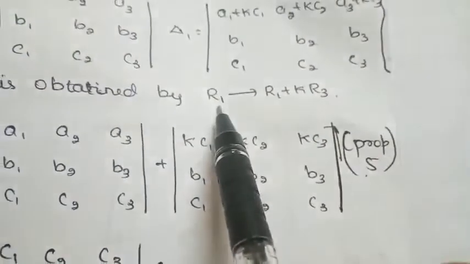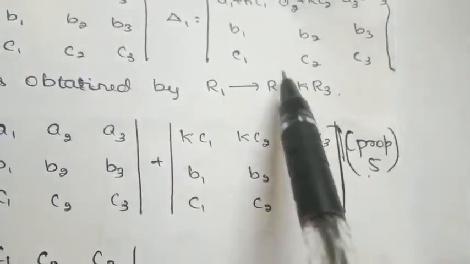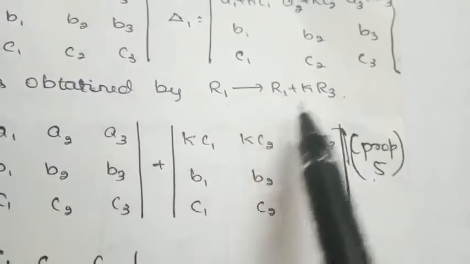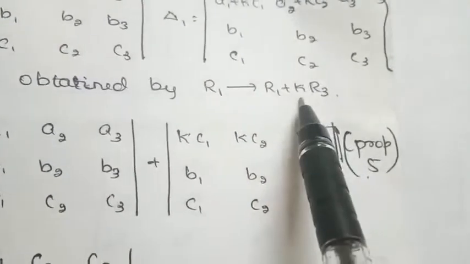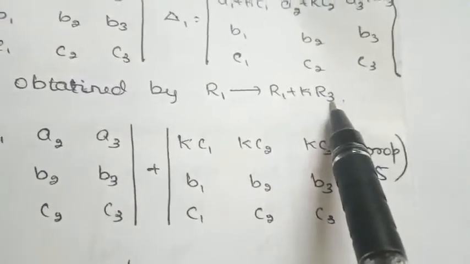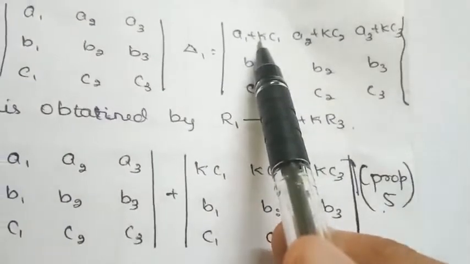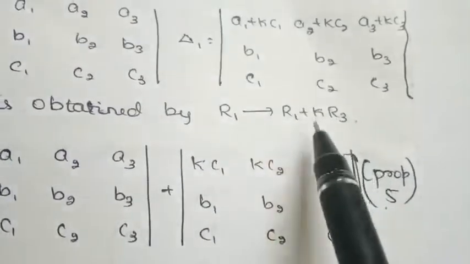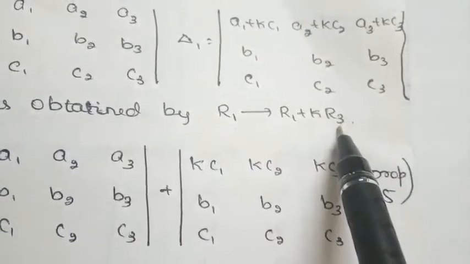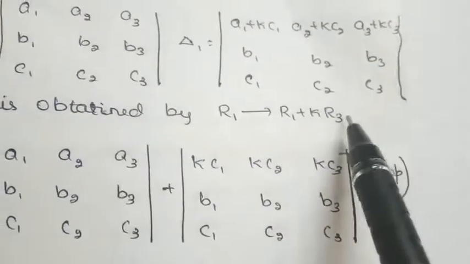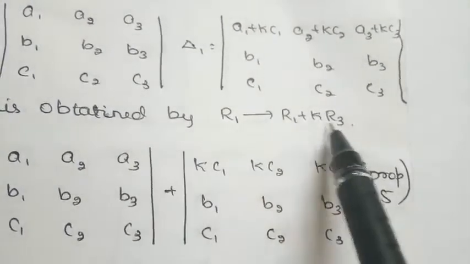If we consider any one of the rows, say R1, we add to that row R1 the equimultiple of a corresponding row. That means we add some multiple of another row, that is R3, or R1 plus K times R2.